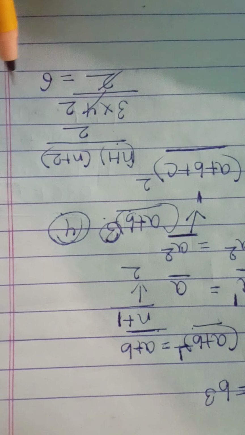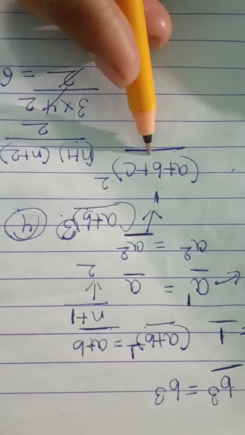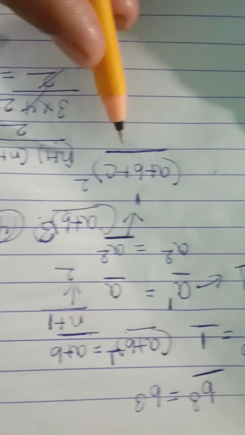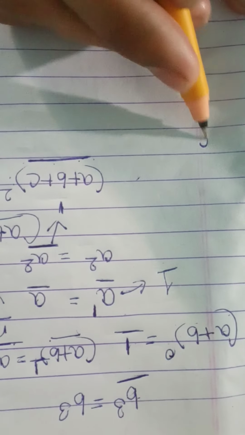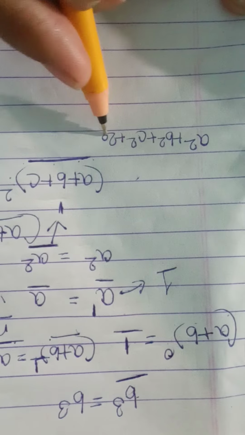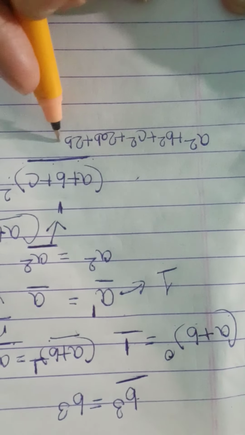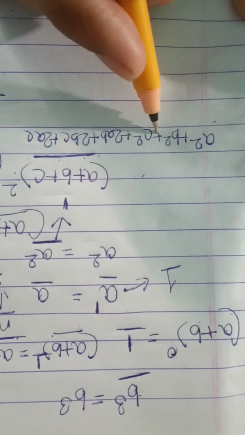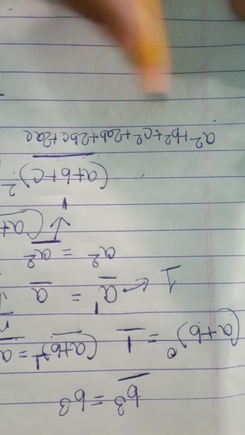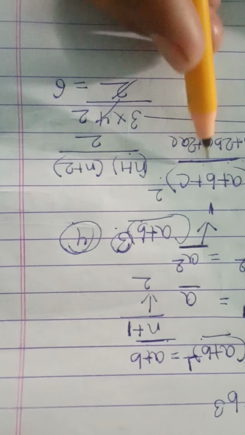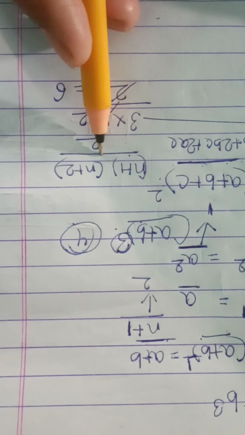It means on expanding a plus b plus c whole square, we get 6 terms. As we all know, a plus b plus c whole square is a square plus b square plus c square plus 2ab plus 2bc plus 2ac. It means 1, 2, 3, 4, 5, 6. It means 6 terms, and hence this formula is satisfied for 3 digit sum expansion.